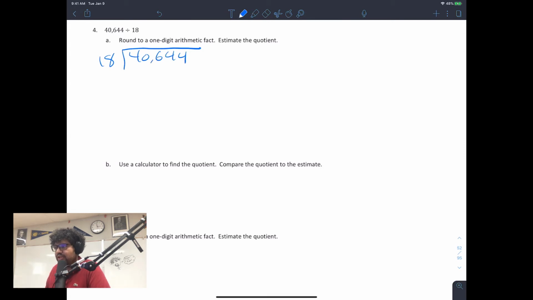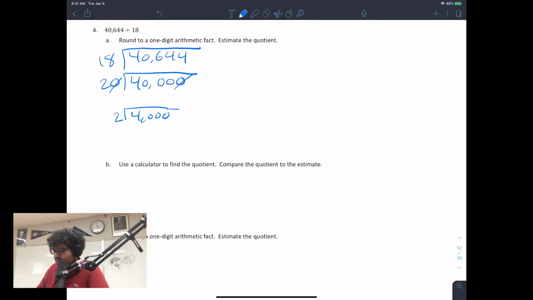So this 40,644, it's easier if I round it to just about 40,000. Divided by 18, it's easier if I round it up to about 20. Now remember, the first 0 on the outside, I can eliminate if I eliminate 1 zero on the inside. So now it's going to be 4,000 divided by 2.